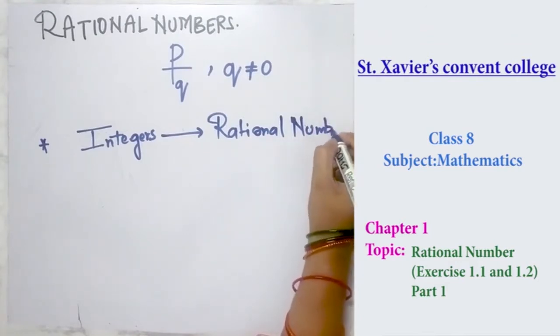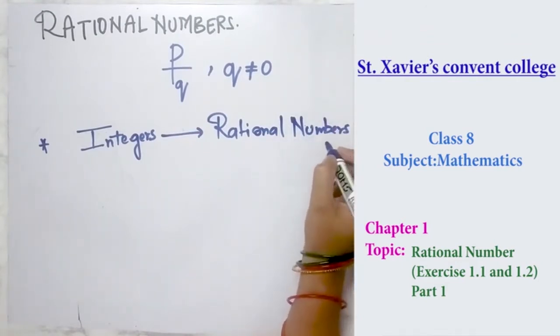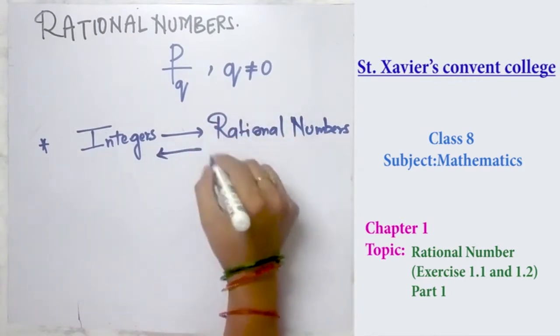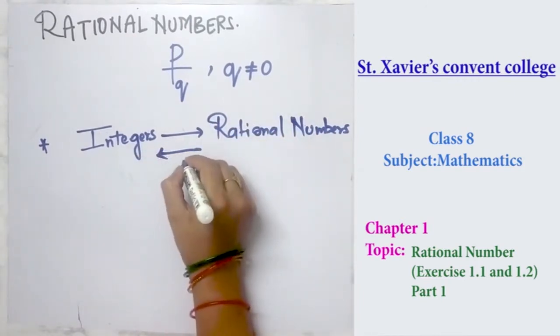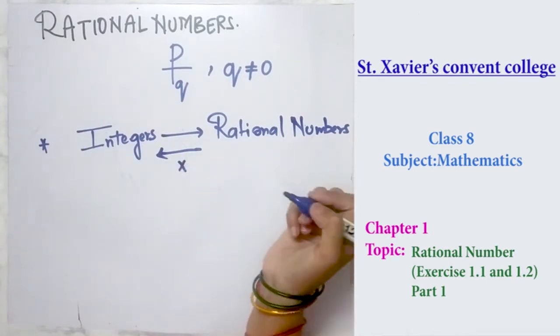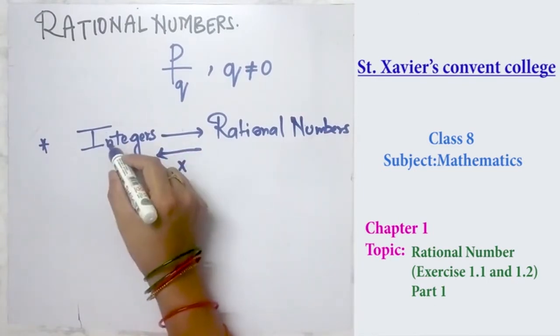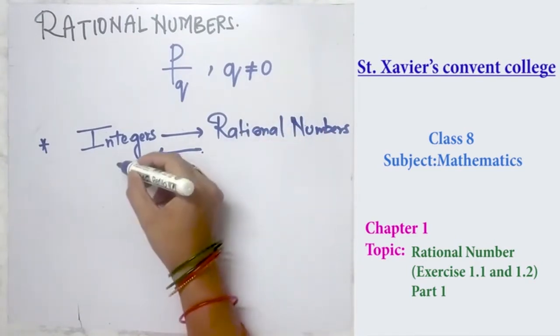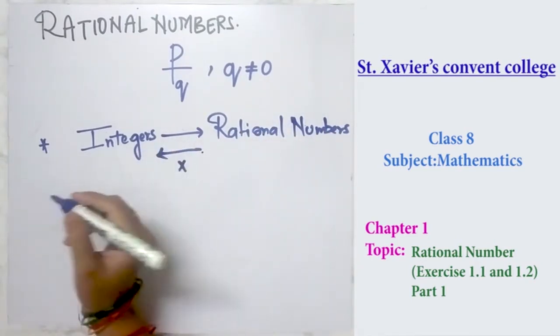You can call all the integers rational numbers, but vice versa is not true. All the rational numbers cannot be integers. So integers can be called rational numbers, but all the rational numbers cannot be called integers.